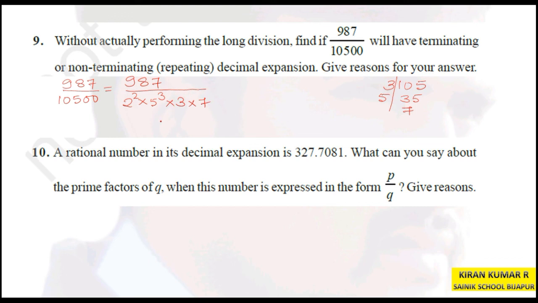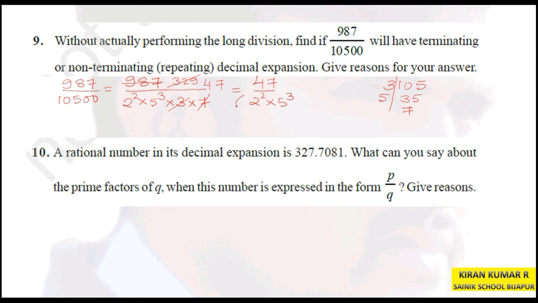Now observe, on simplification you can divide this and we get it as 329 times. Further this is divisible by 7, 47 times. So the result is 47 divided by 2 square into 5 cube.